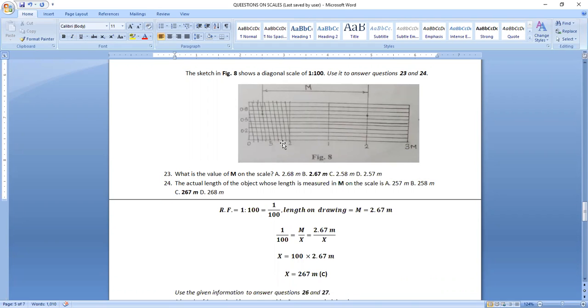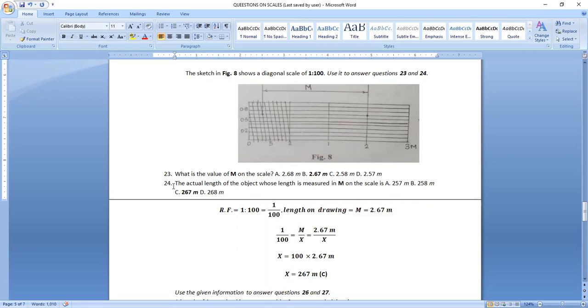We have 1, 2, 3, 4, 5, 6, that is 2.6. Then we read on this line 1, 2, 3, 4, 5, 6, 7. That is 2.67. So that gives us option B as the correct answer to the question.